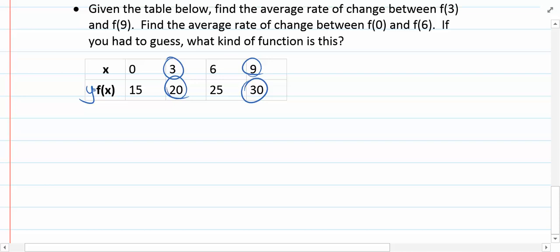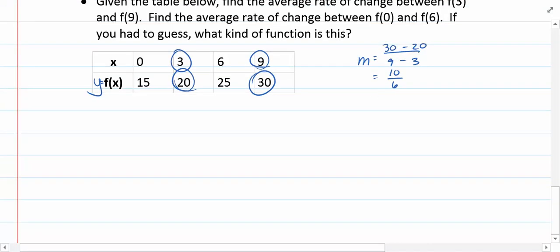So if I wanted to find the slope or the average rate of change between these two, the math would be just the same. I'll take 30 and subtract 20 and then divide 9 subtract 3. This comes out to be 10 divided by 6, or when we reduce, that's 5/3. Our slope is 5/3.